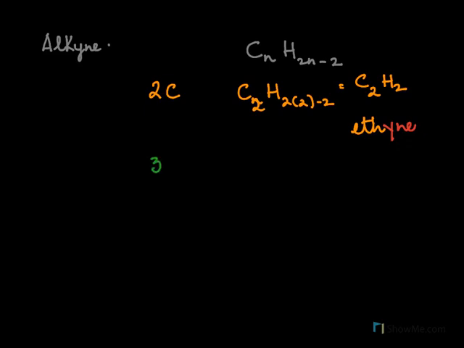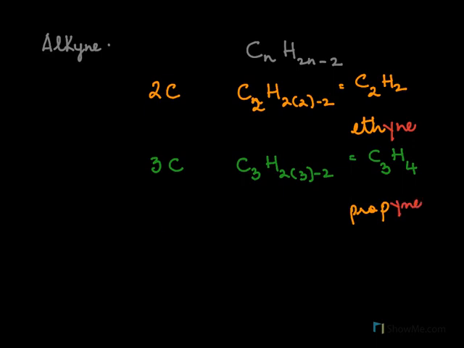Now let's get on to see what happens with 3 carbons. 3 carbons means C3, H2n, 2 into 3 minus 2. So that would be C3, H6 minus 2, and that is 4. Now because it is 3 carbons, it is prop, and triple bond, so it is propyne.